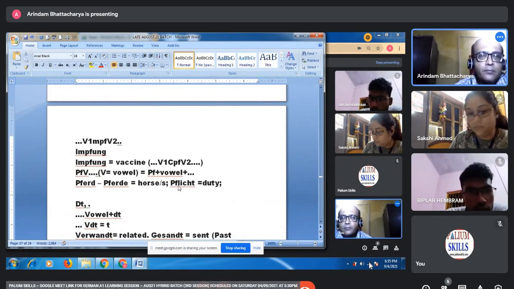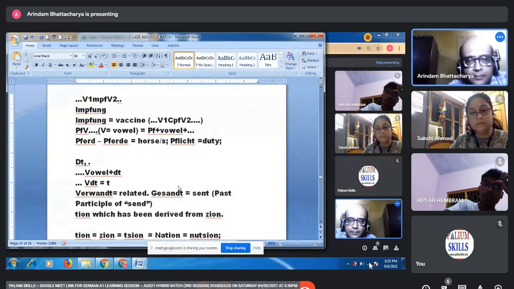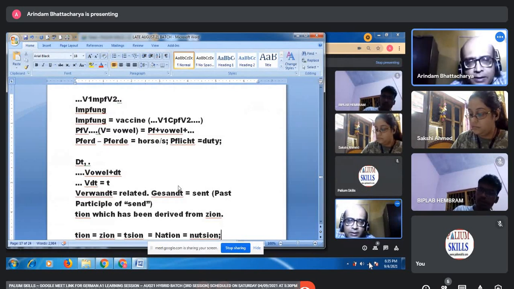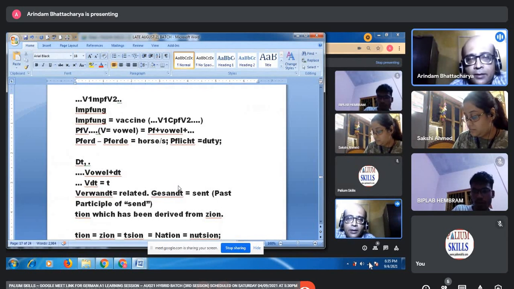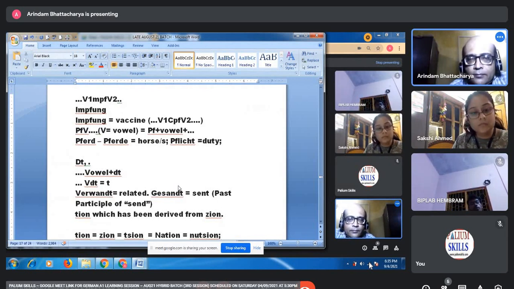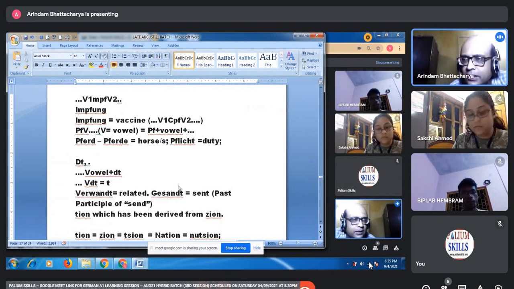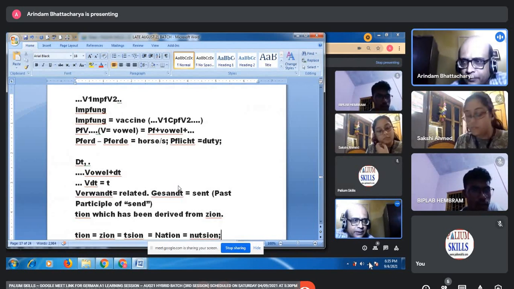Now comes DT. DT is a vowel-less ending. DT is always at the end of a word. But yes, in some cases one might find DT followed by another word, but that is a suffix being added behind.